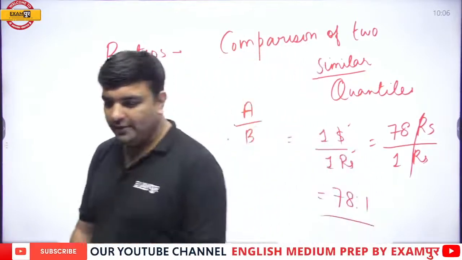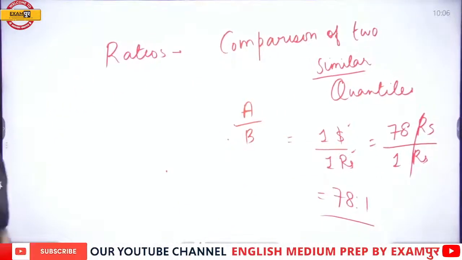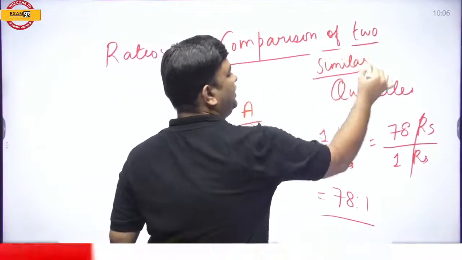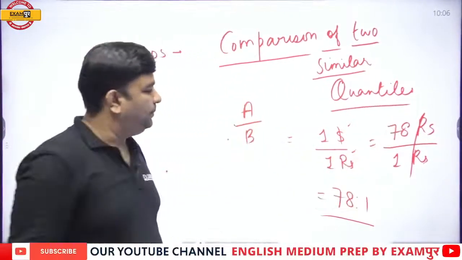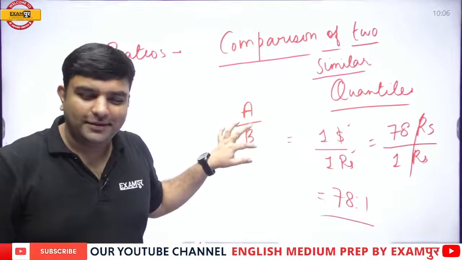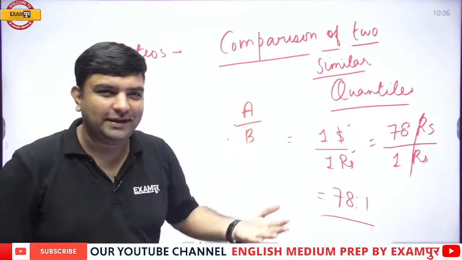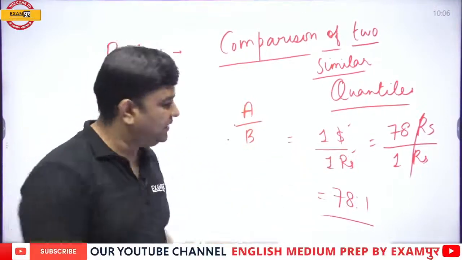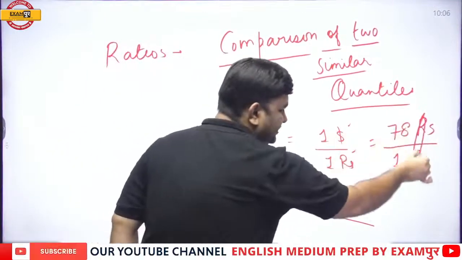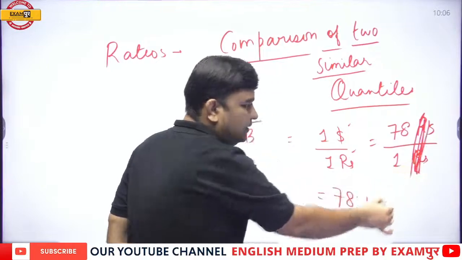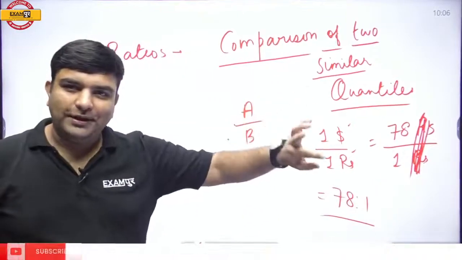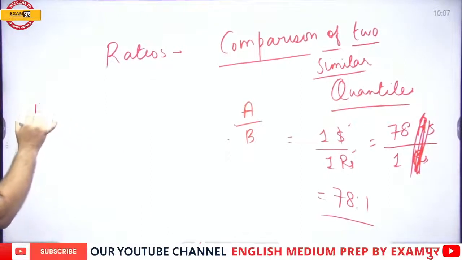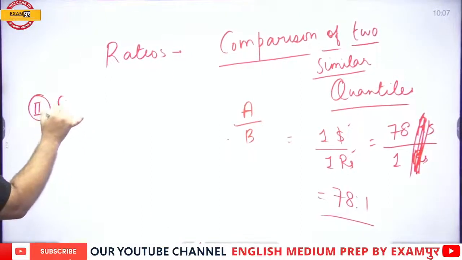Have you observed something? Ratio is a comparison of two similar quantities, but ratio in itself is a unitless quantity, because the numerator and denominator units get cancelled out.